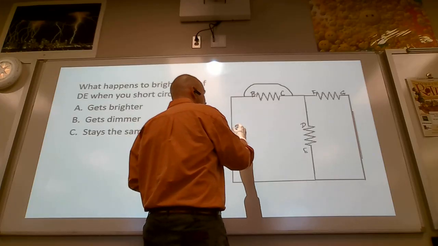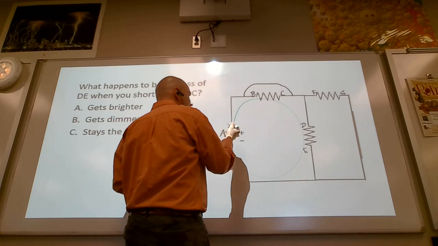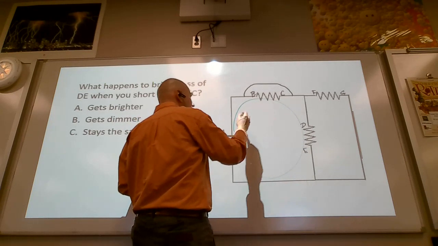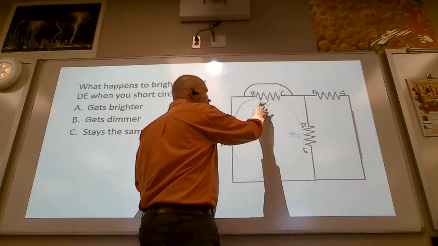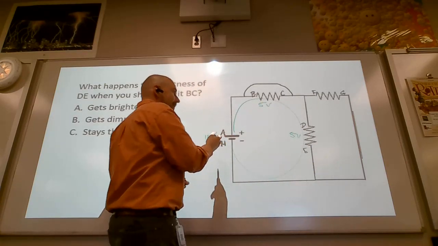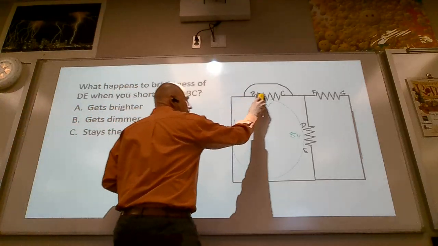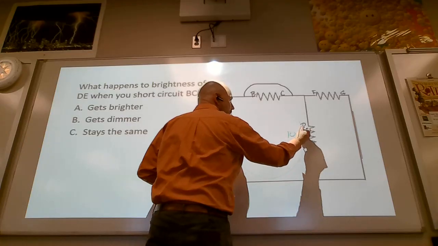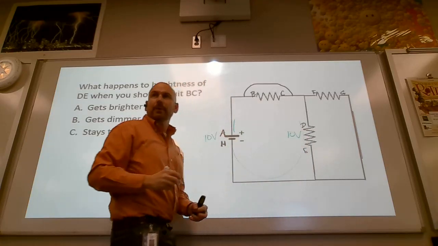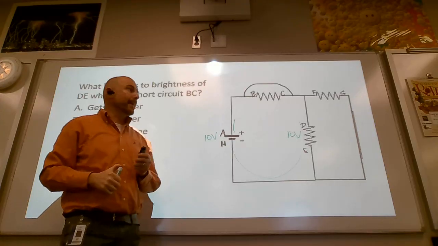If I look at the original circuit, voltage gain equals voltage drop, assuming that they're equal. You have 5 volt gain, sorry, 5 volt drop, 5 volt drop. Bring it back to 10. If I get rid of that, that makes that a 10 volt drop. Good with that? Okay.